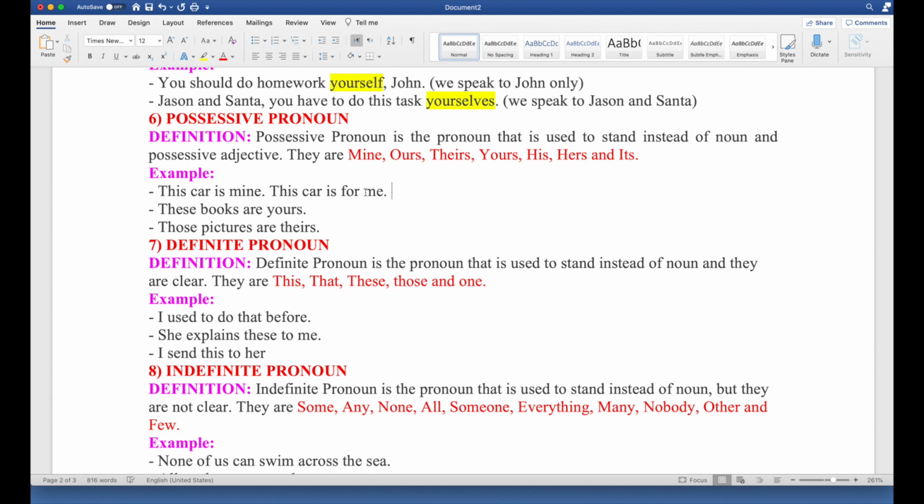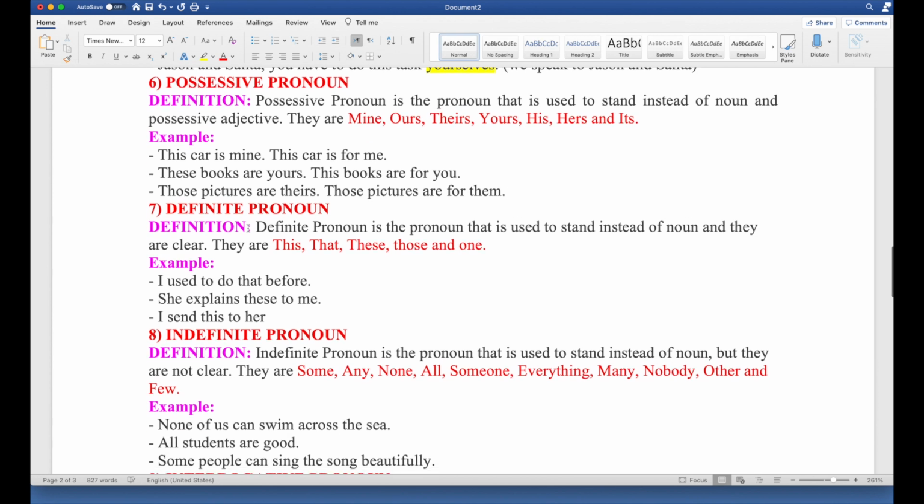Okay? So it's replacing for me with mine. These books are yours. These books are for you. It means the same thing. Those pictures are for them. It means, again, the same thing as those pictures are theirs.